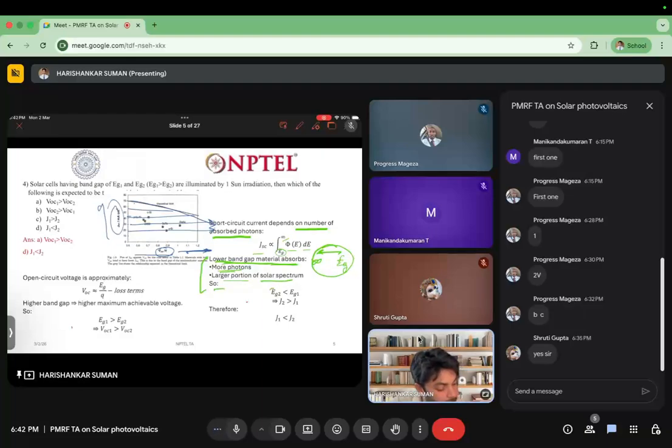So Eg2 is higher, Eg1 is the lower band gap as given. So the current density will be reversed. These are opposite: voltage is directly dependent on the band gap, but current density is just opposite, dependent on the solar ray spectrum.